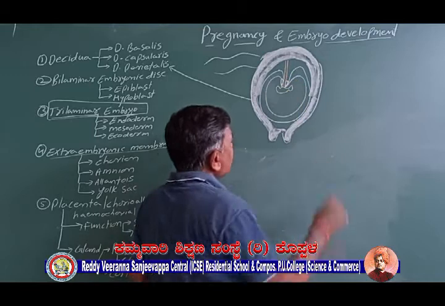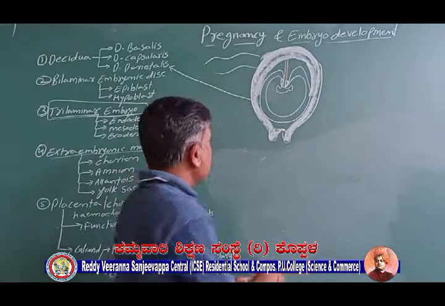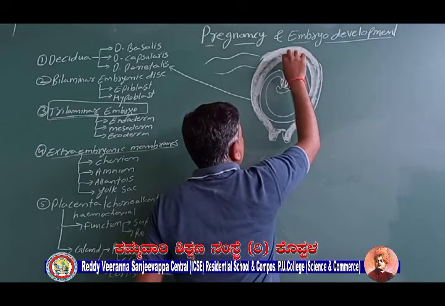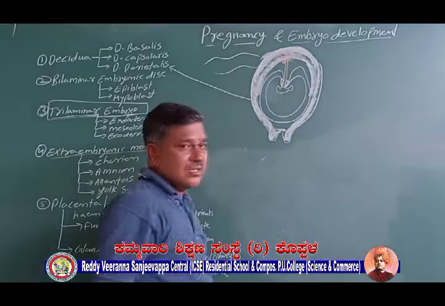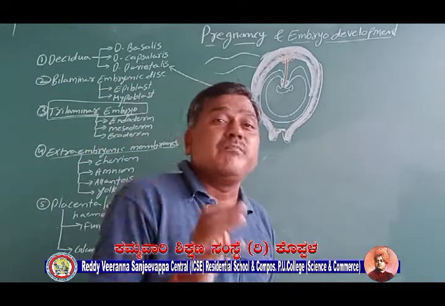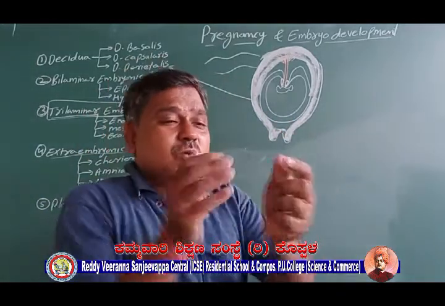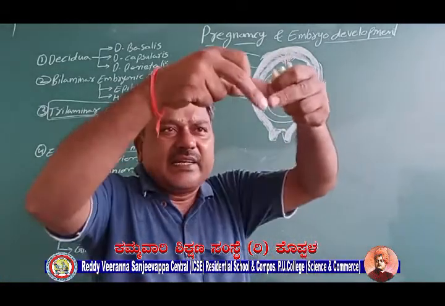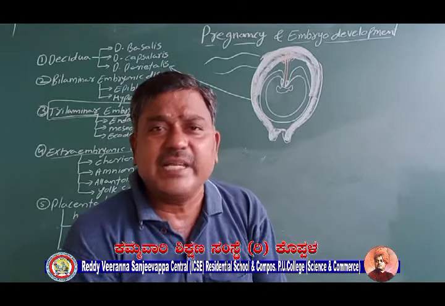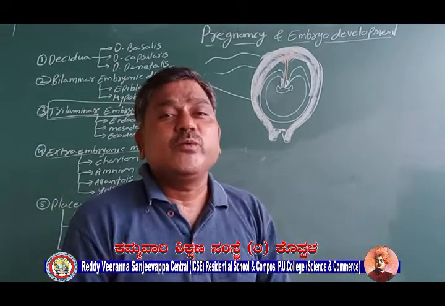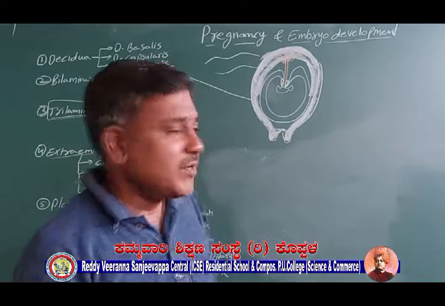Like this there is this structure. And this one is nothing but the placenta, the chorionic placenta. Clear? Now, this is the growth and development of the embryo inside the uterus. So the total embryo is covered with the outermost trophoblast, and that trophoblast is covered with the endometrium. So the endometrium provides nourishment, nutrients to the growing embryo.